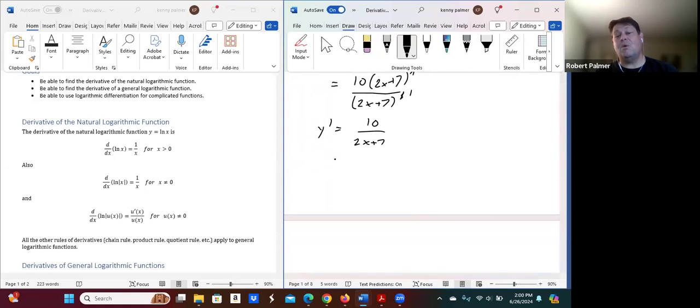Now, let's do that same one another way, using, once again, the properties of logs. Let's start again. So y is the natural log of (2x plus 7) to the 5th.